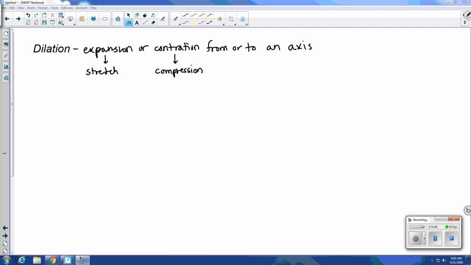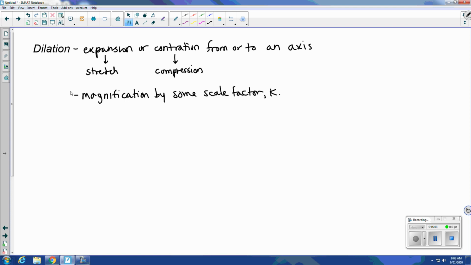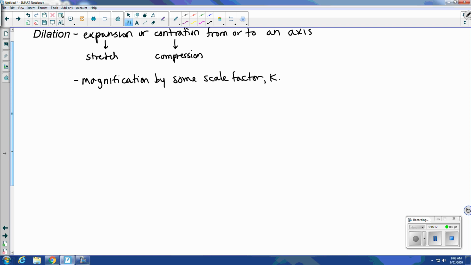So visually, what's going to occur with a dilation is that we're going to get some magnification by some scale factor, and we'll call that scale factor k. Okay, I'm going to use the letter k again. Now, the value of k, depending on what range of values it falls in, will dictate whether we have an expansion or a contraction.